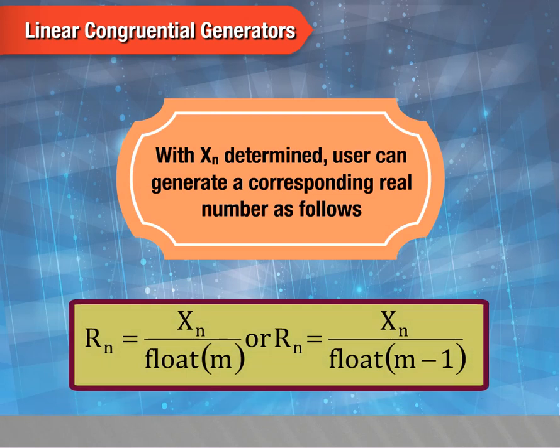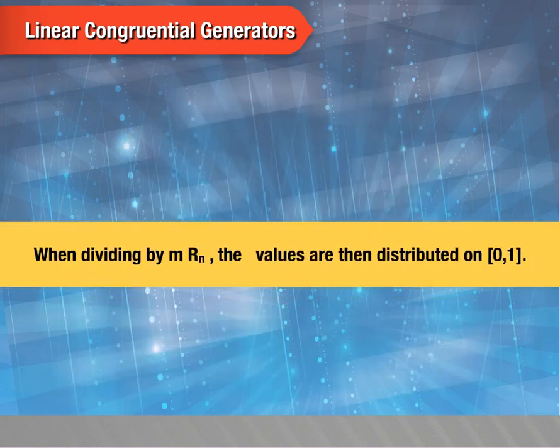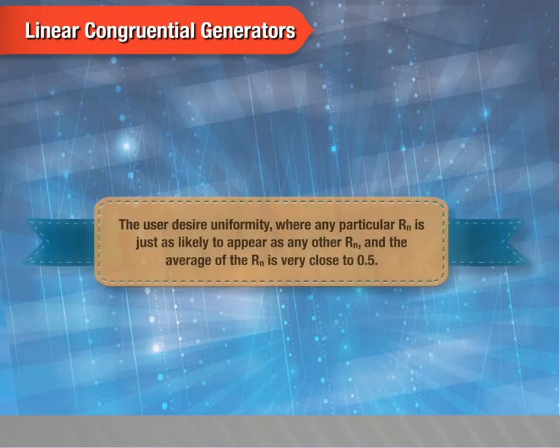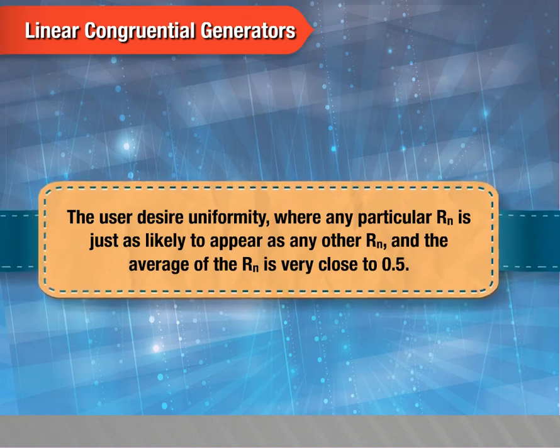Rn is equal to xn by float m, or Rn is equal to xn by float m minus 1. When dividing by m, the Rn values are then distributed on 0, 1. The user desires uniformity, where any particular Rn is just as likely to appear as any other Rn and the average of the Rn is very close to 0.5.